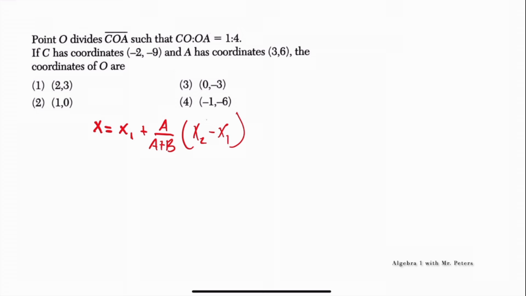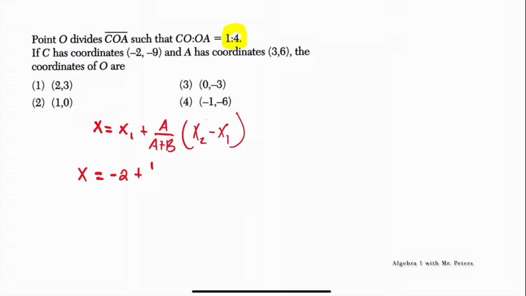So when I look at this problem right here, let's do it. So for the X coordinate, X1 is going to be equal to what? -2 plus, and just remember, here is the ratio that they gave us. But if we have a 1:4 ratio, that means we have 5 equal parts.